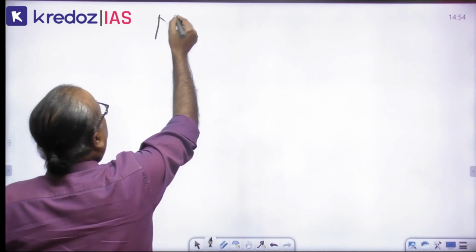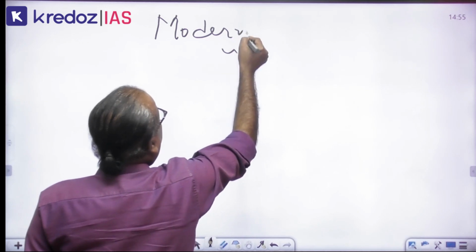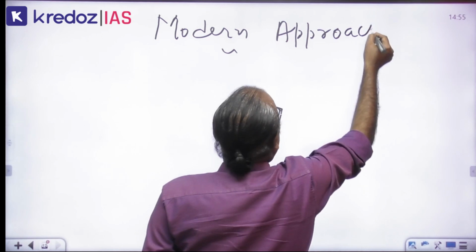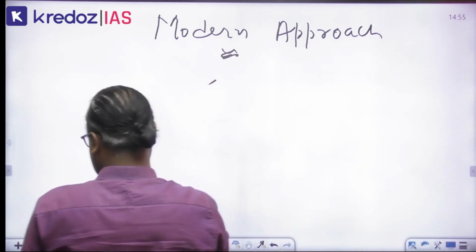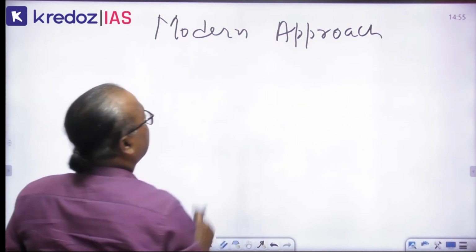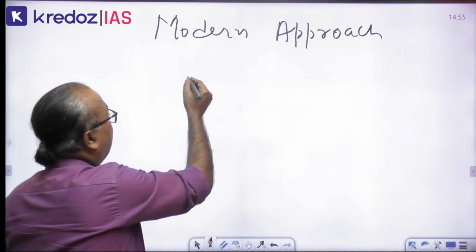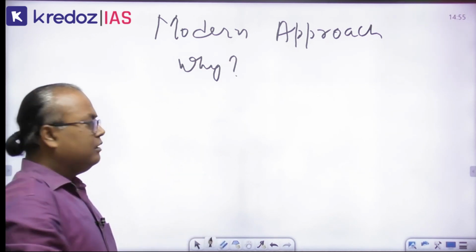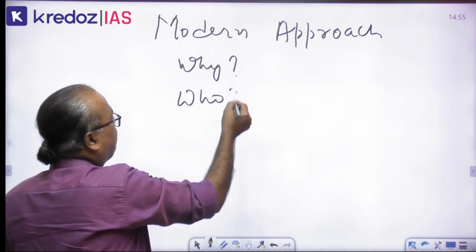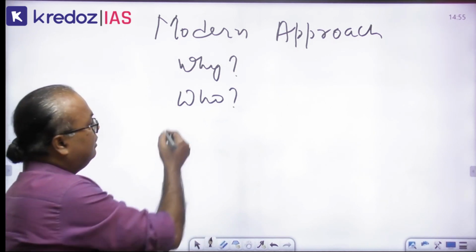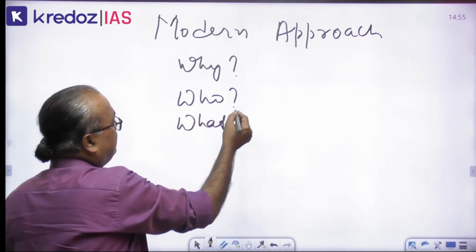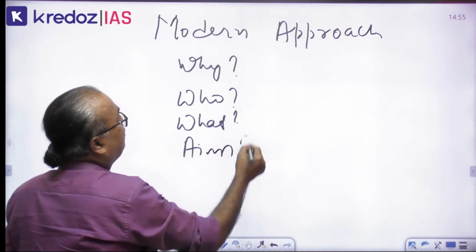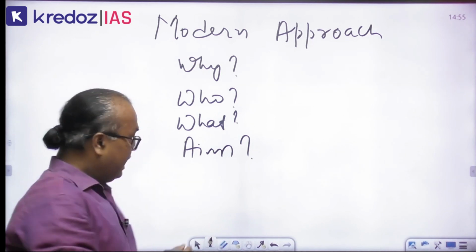So let's see what things we are going to cover in the modern approach. Modern approach: why it actually began, who propounded it, what it contains, and what the aim of this modern approach is.